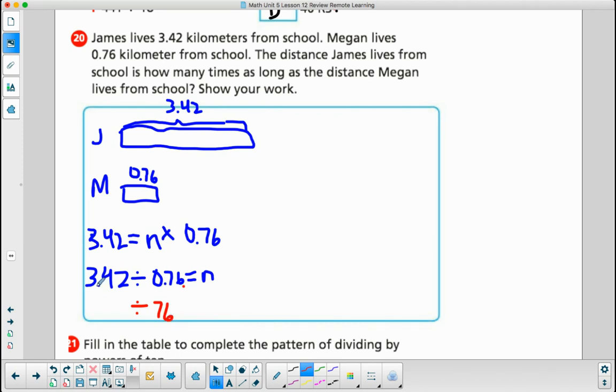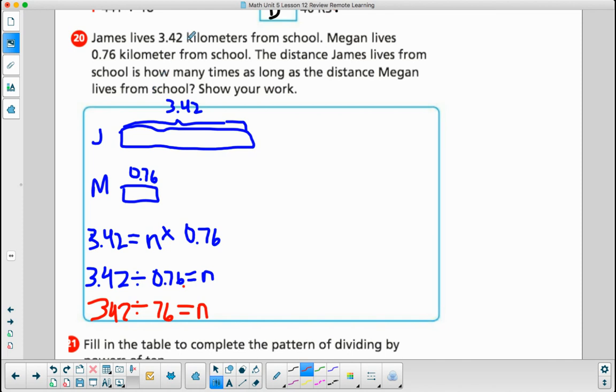So I have to multiply my dividend by 100 to make it 342. So what I did is multiply these both by 100 to make an equivalent division equation.